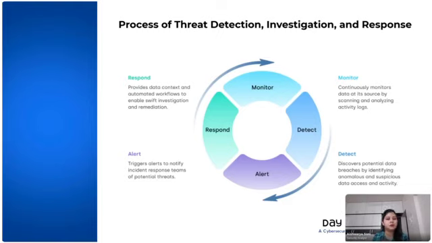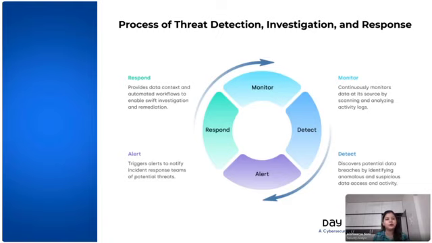Now the team will be responding to that particular cybersecurity threat, and they will be providing data context. If there is any automated workflow, the automated workflows will work to enable swift investigation and remediation. And in case the automated workflows are not working, the security team will manually work towards responding to that threat.